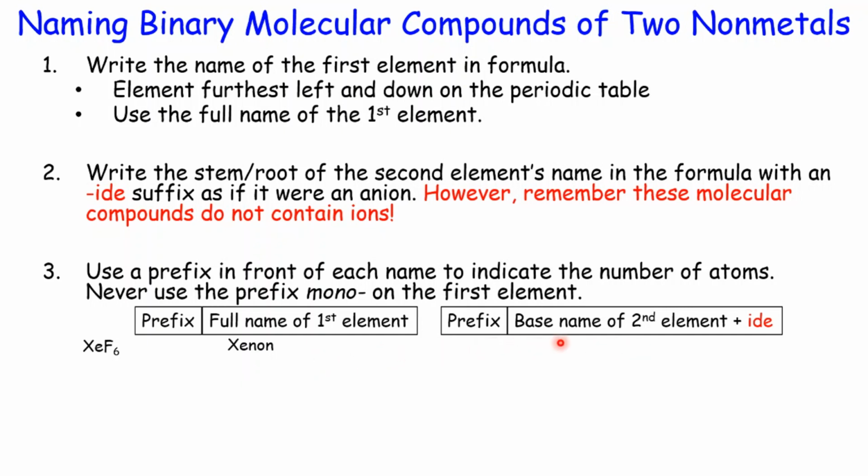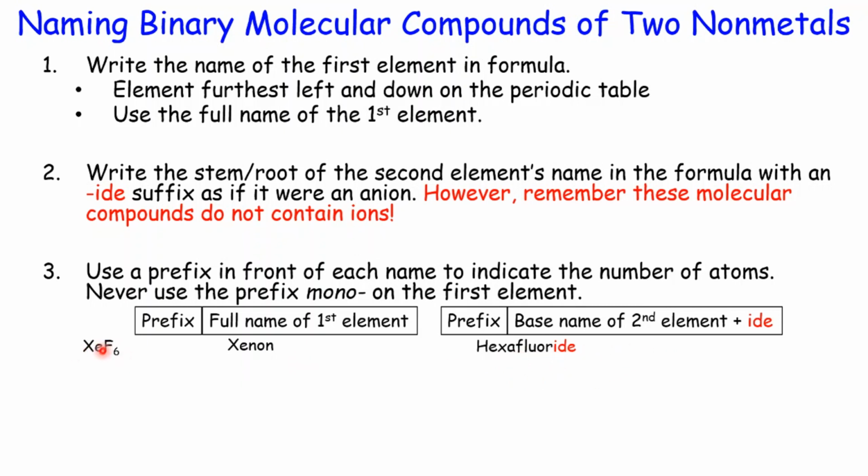For the second one, the prefix is the subscript, and that's 6. The prefix is hexa, then plus the base name or stem or root of the name of the second element.